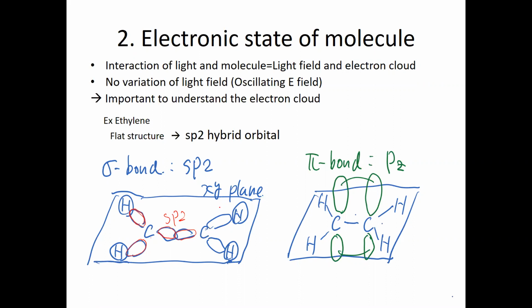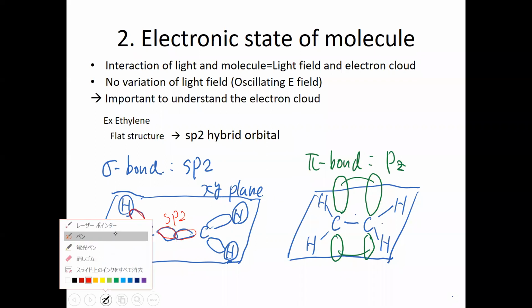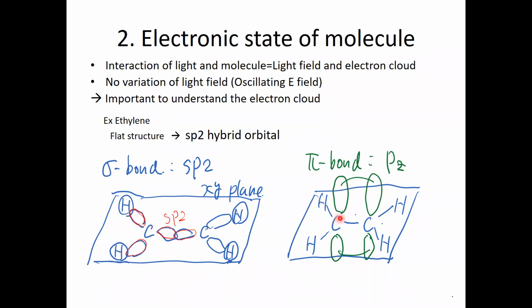However, the reason why they have a flat structure is not due to the sp2 orbital. You may notice that these carbons have another p orbital, the remaining p orbital in this configuration, the pz orbital. And these pz orbitals make another bond called the pi bond.